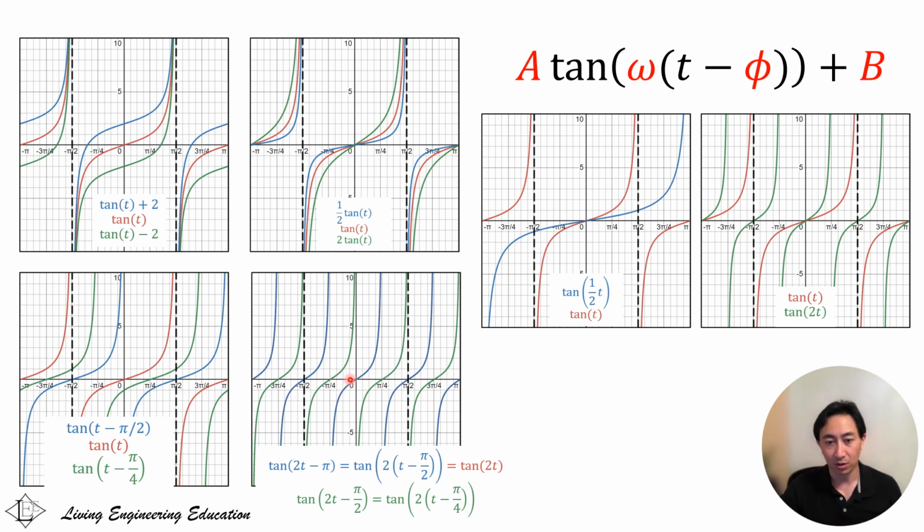If I grab that point and shift it to the left, I'll overlay those sets of graphs. So again, I know it's a lot of information, but it's the same concepts, right? Recognizing and playing with graphs and seeing how A, omega, phi, and B affect it. And we'll play around with actual applications when these tuning mechanisms are important.